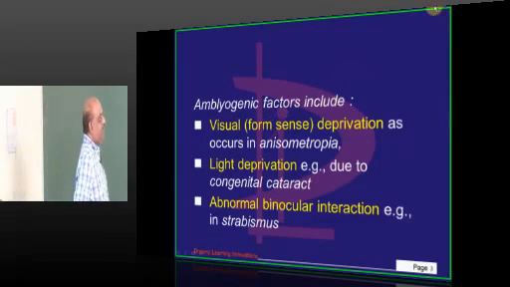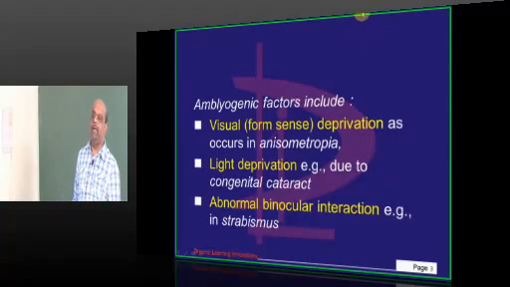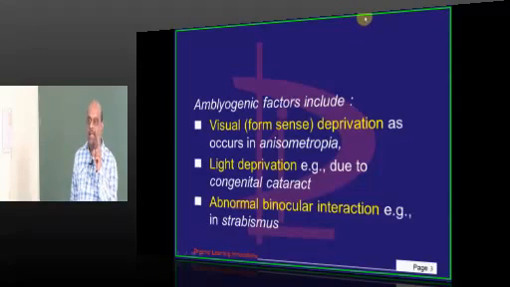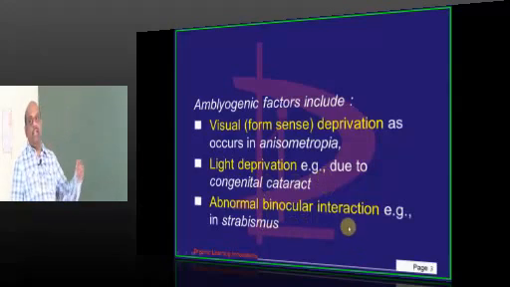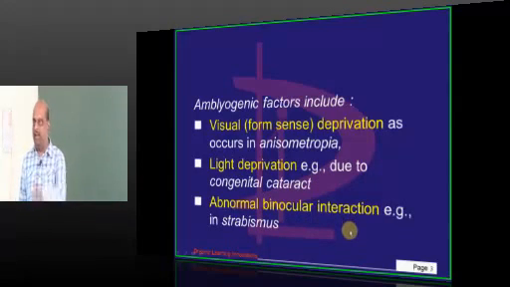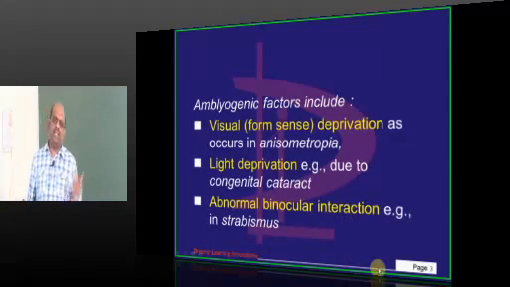So, visual deprivation can occur in anisometropia. What is anisometropia? One eye is emmetropic, the other eye is either myopic or hypermetropic. Any deprivation, suppose only one eye has a congenital cataract, then that eye will start feeling lazy.